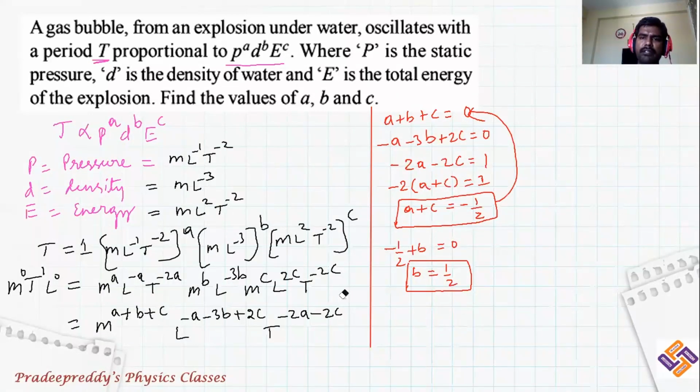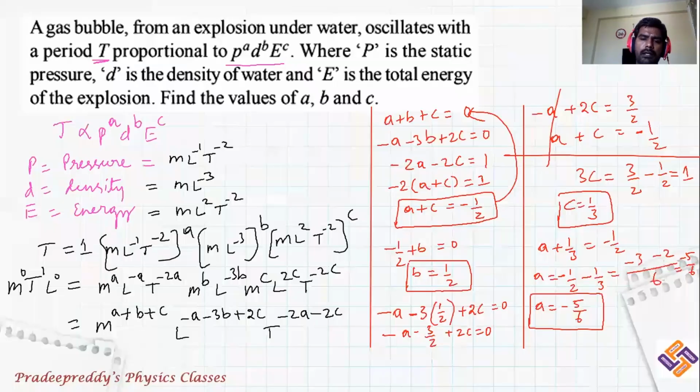So we have got A plus C value. Now see, we have got B value. After getting this B, take that B and substitute in this equation. Substituting in that equation, we will be getting value for C. C is equal to 1 by 3. Take this C value, substitute in this expression.